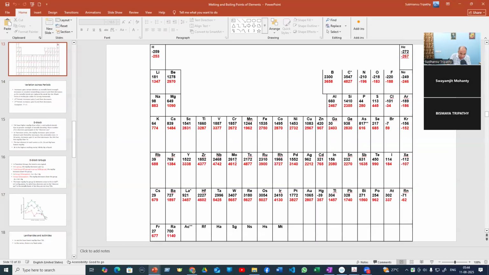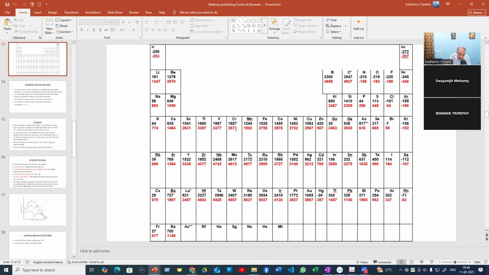So also it goes on increasing up to molybdenum 2617, and there is a dip suddenly to 2172, and then ruthenium is greater than technetium, and then there is a decrease up to cadmium. Similarly, scandium, and it goes on increasing up to chromium 1857.